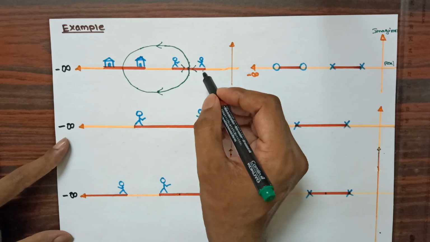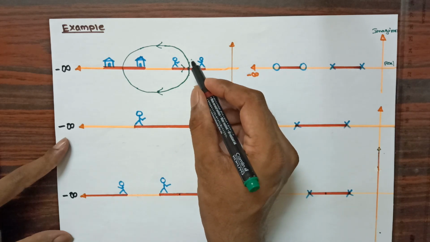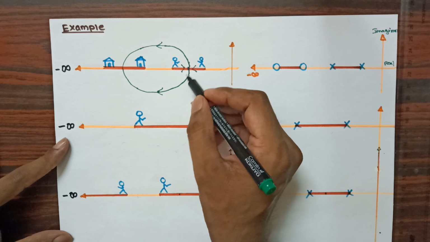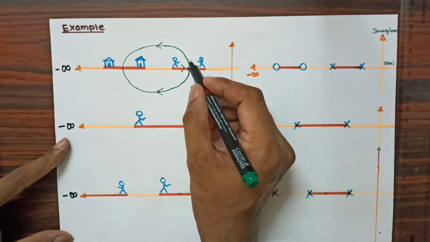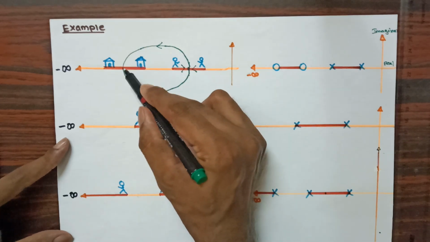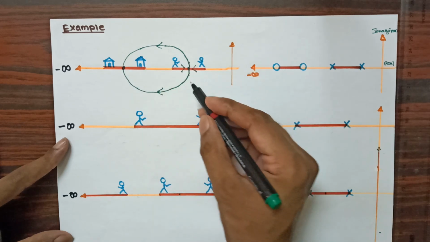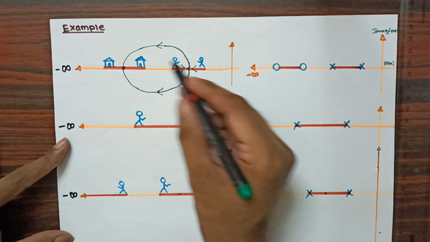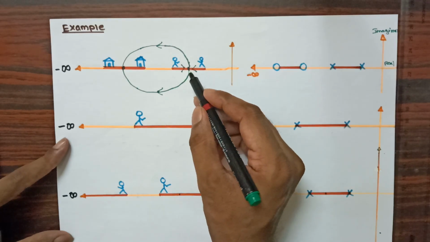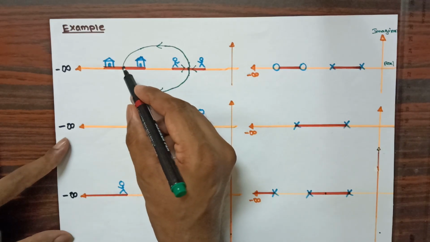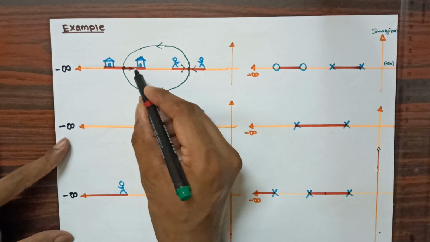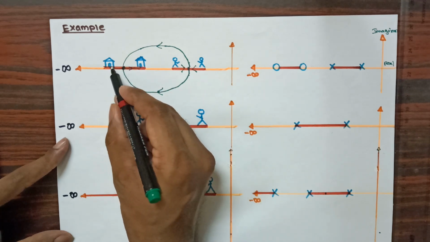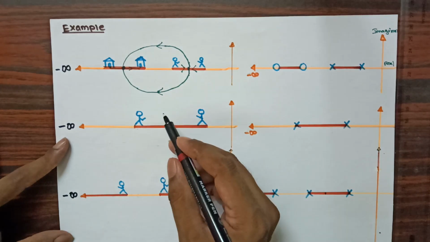Now this person will go in this direction and arrive at this point, and this person will come and arrive at the same point. Remember they meet at the same point and they arrive at the same point, and one person will go in this direction and end with this destination, and another person will go in this direction and end with the destination.